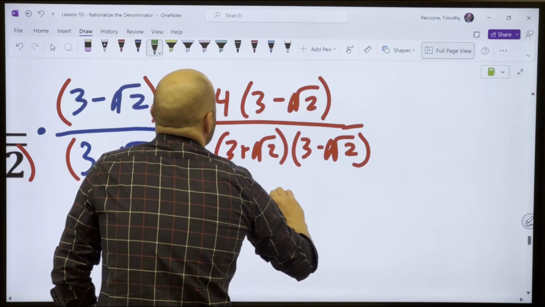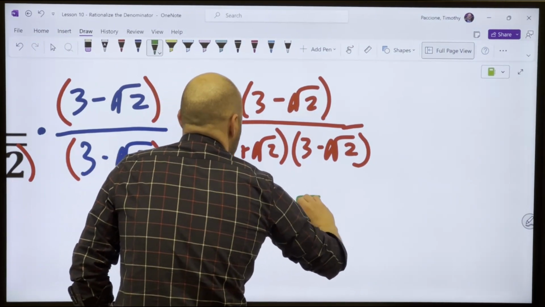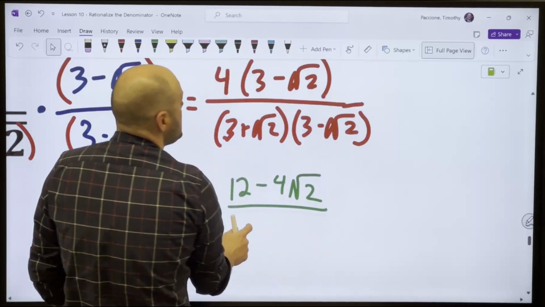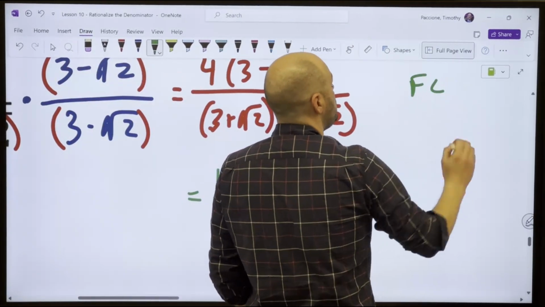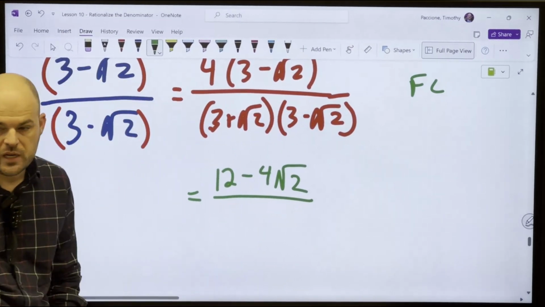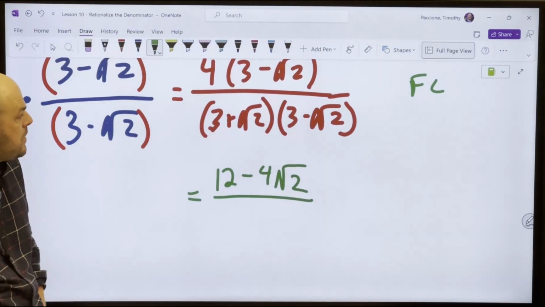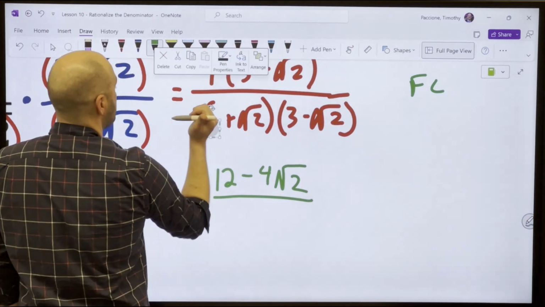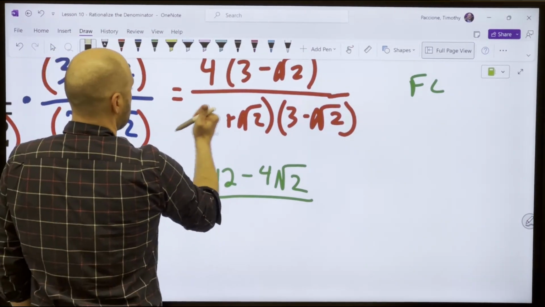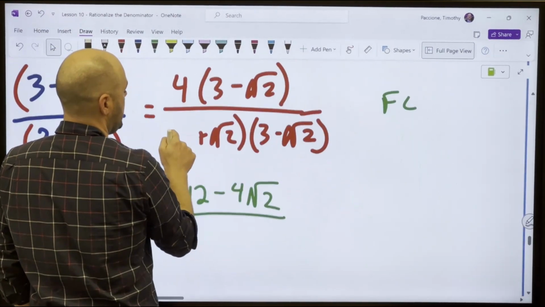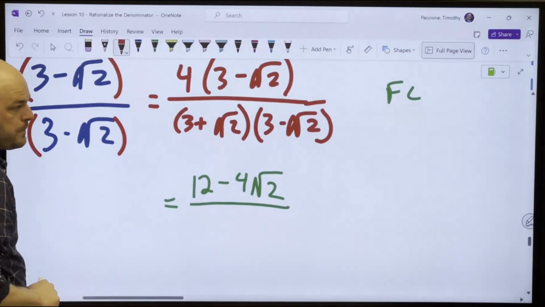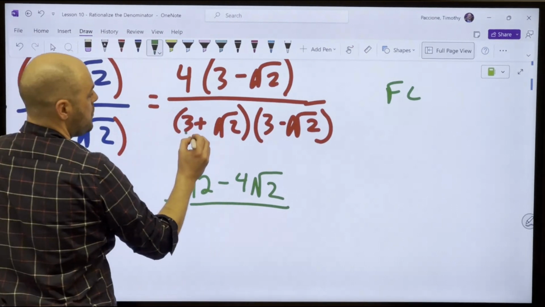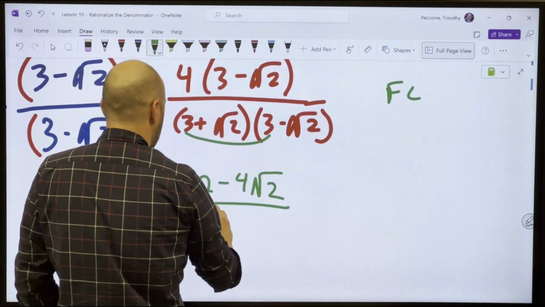12 minus 4 square root of 2. And on the bottom, since we know we have conjugate pairs, we can just do first and last. Forget the outer and inner, right? 3 plus, 3 minus. So I would just say first, that's 9.